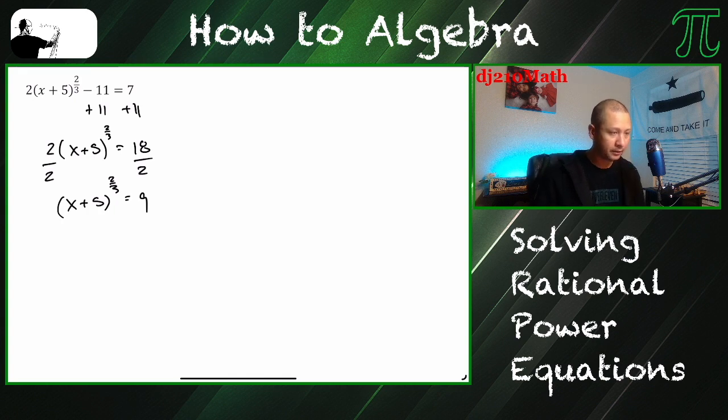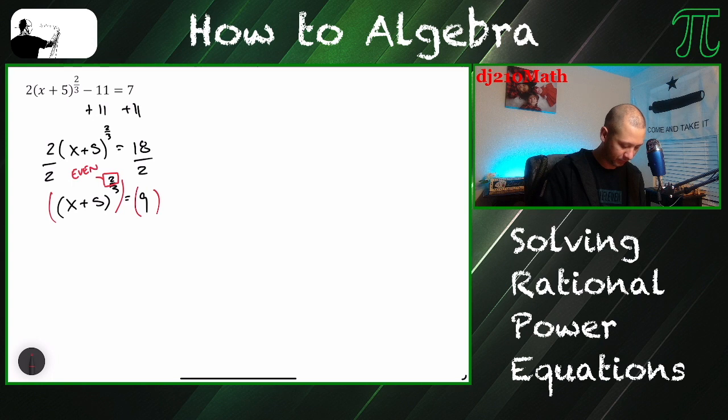Here the numerator is even. So since it's even, that means I'm going to have a plus or minus whenever I start solving this. So here we're going to take a power of both sides, 1/2 because of the numerator.